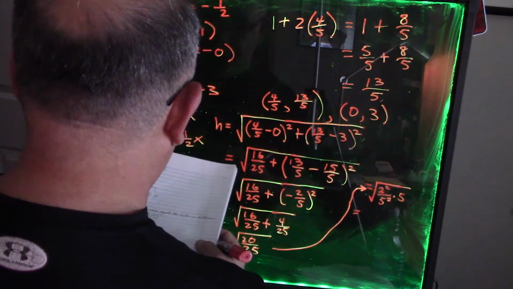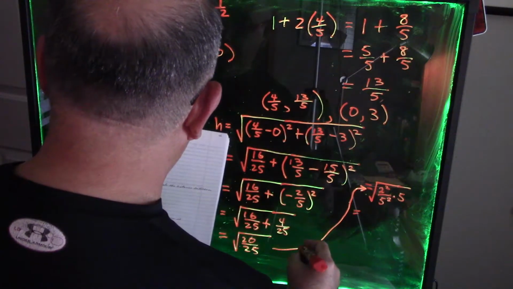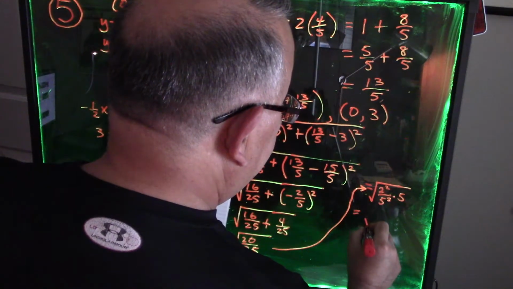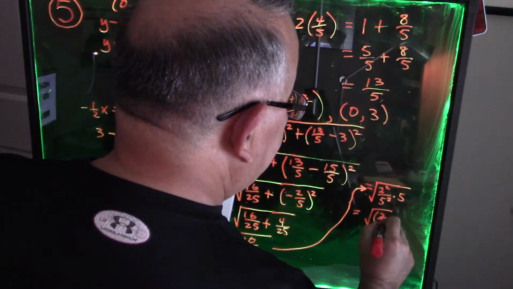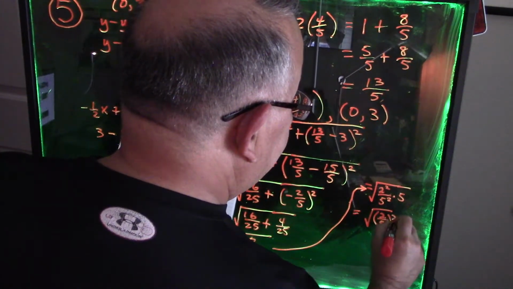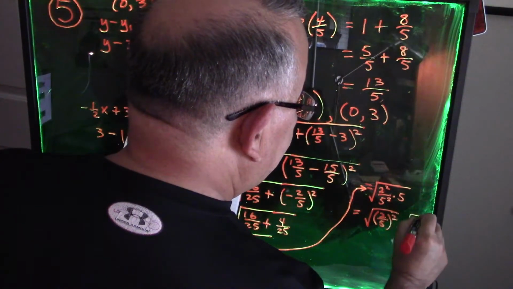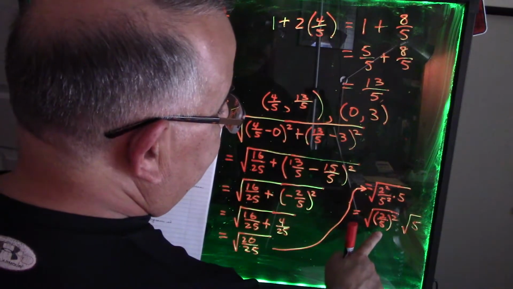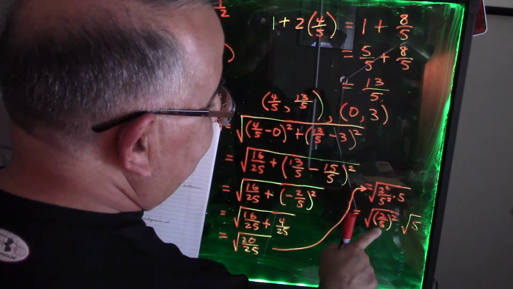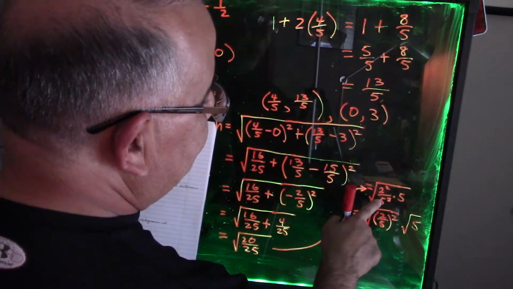And now you can split it up. That's the same as 2/5 in parentheses squared times the square root of 5, like that. Okay, 2/5 in parentheses squared equals that.